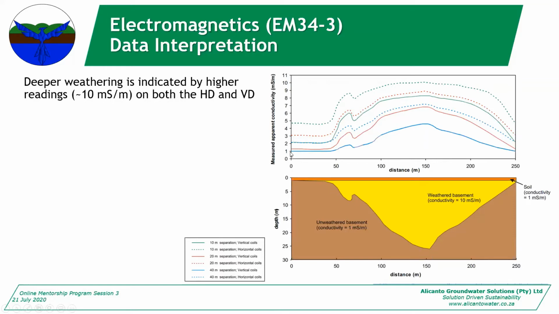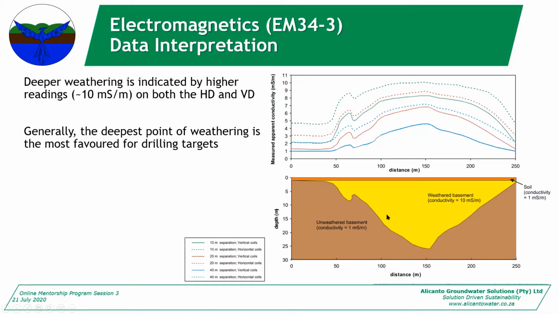At the shallowest point, it's all fairly similar, regardless of coil spacing, separation. Generally, we want to drill at this deepest point because your water is going to flow along this weathered zone contact, almost like a dam, and fill up into this little trough. So that's where you want to be drilling, on this peak of the graph.